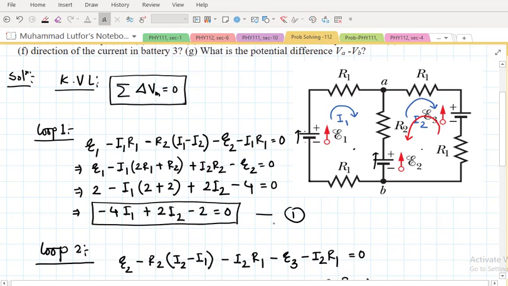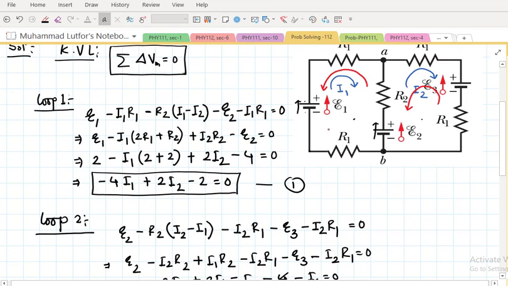That will also move in the counterclockwise direction, right? So the actual direction would be towards that one. Since I find I1 is negative, it will move in the counterclockwise direction. Fine. So this would be the current through that battery E1.